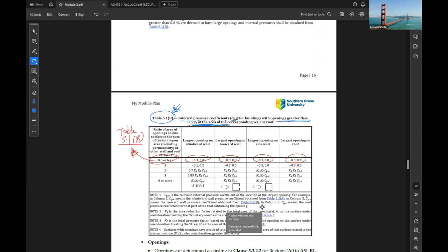Only the first option, or the first case, applies if it is 0.5% or less. This means it is something close to table 5.1a, which is the previous table. So the factor can be taken as negative 0.3 and 0.